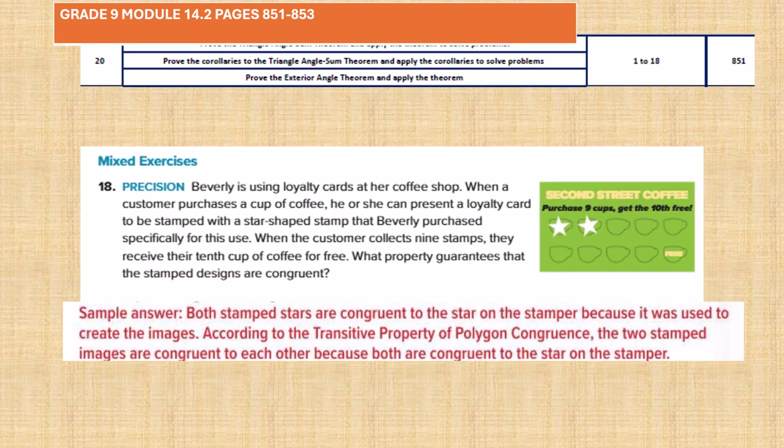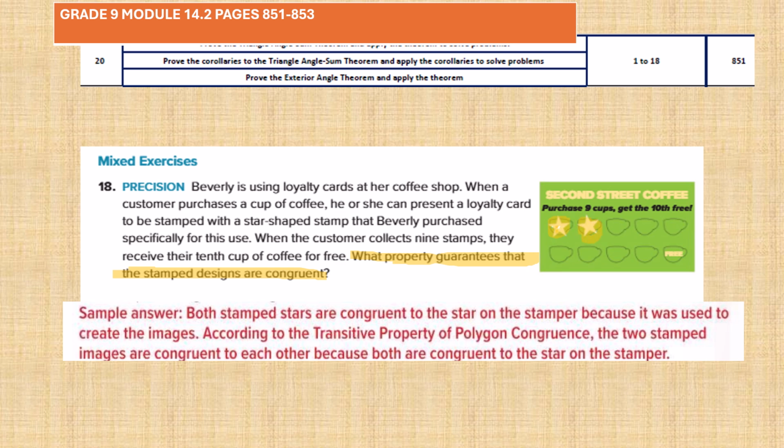Very quickly, number 18 asks us for a property. What property guarantees that the stamps designed are congruent? They want to know, how do you know that these two are equal to each other?